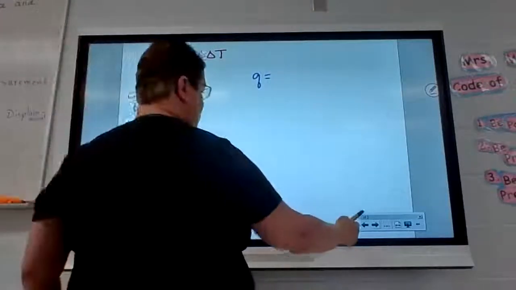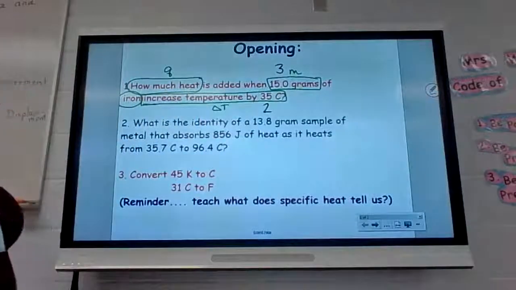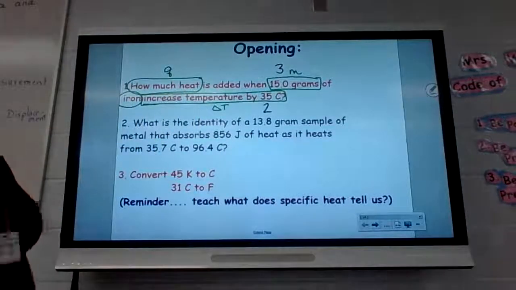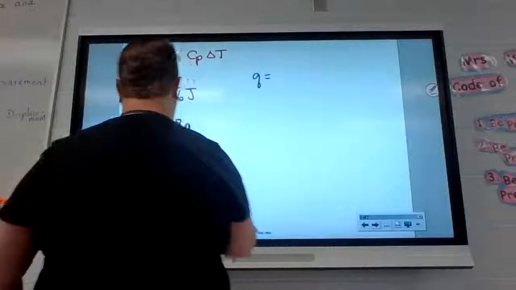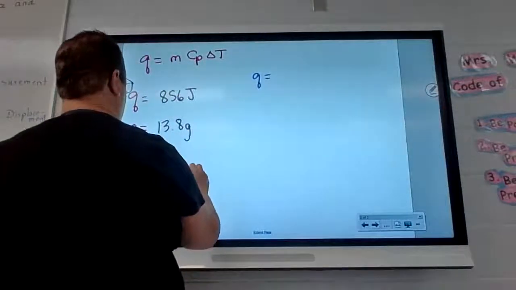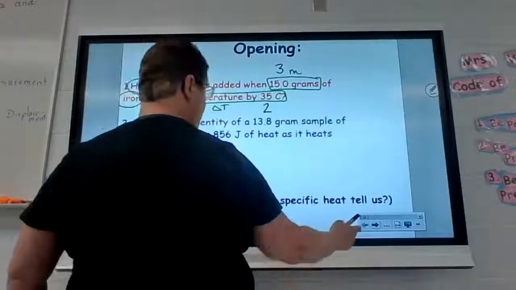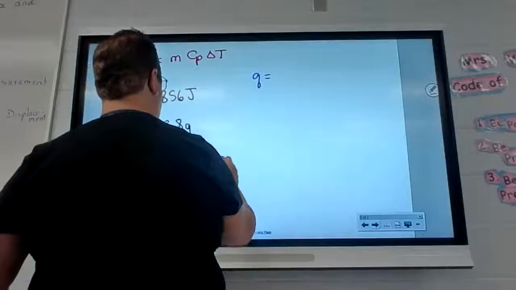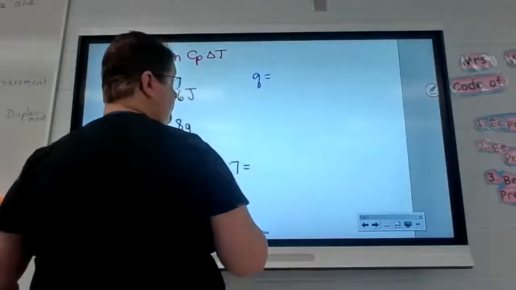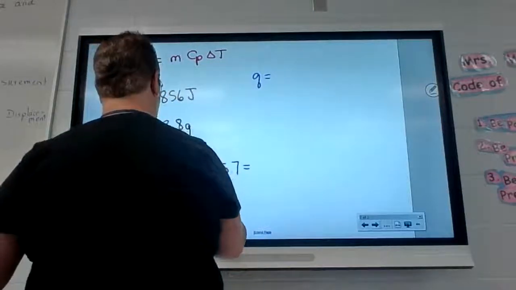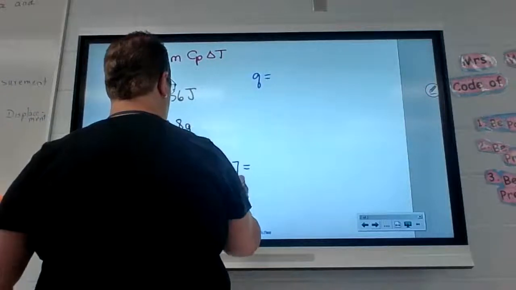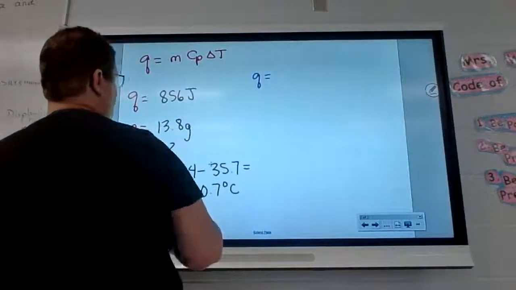All right, and what do I do with the 2 temperatures? All right, so 96.4 subtract 35.7. Somebody tell me what we get when we do that. 60.7. All right, so we're looking for CP.